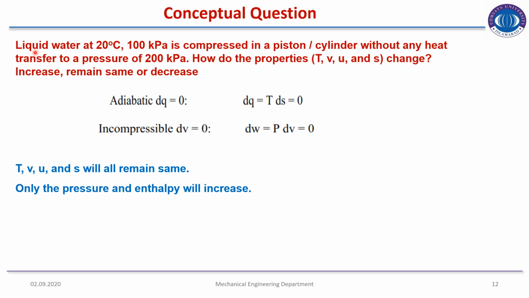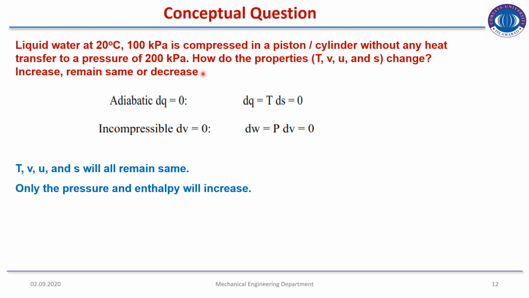Because liquid water is an incompressible fluid, in the current lecture as well we have found the relations for an incompressible substance. When we were discussing that topic, we assumed that dp and dv are both equal to 0.